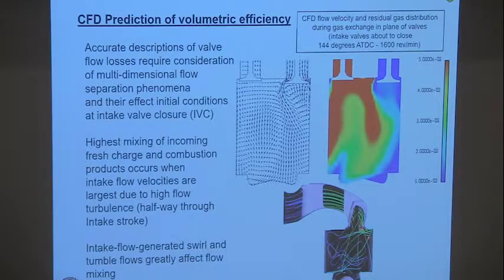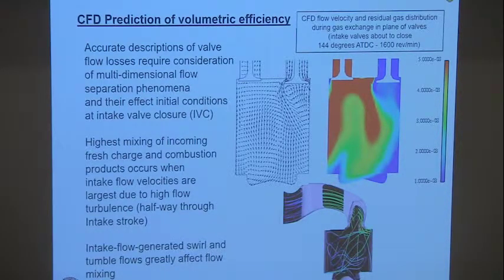Here's the flow coming past the valves. And of course, you've got moving pistons, so the geometry is changing, and this sets up flow motions inside the combustion chamber. Those are very important because they actually affect the mixing of the fresh charge with the residual charge. And all of this can be calculated with CFD.